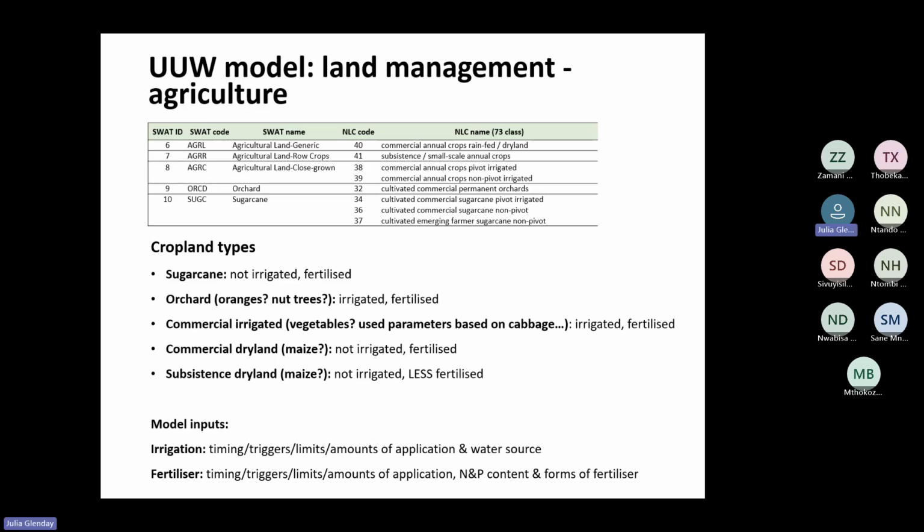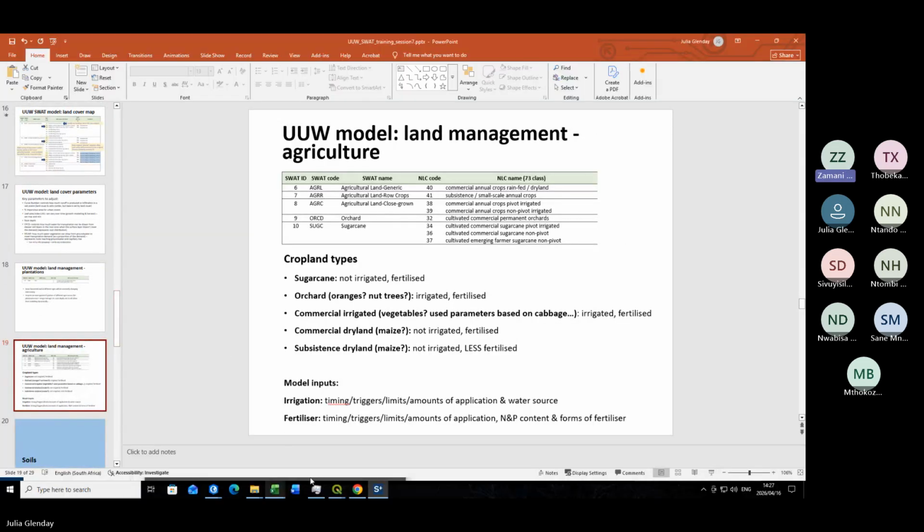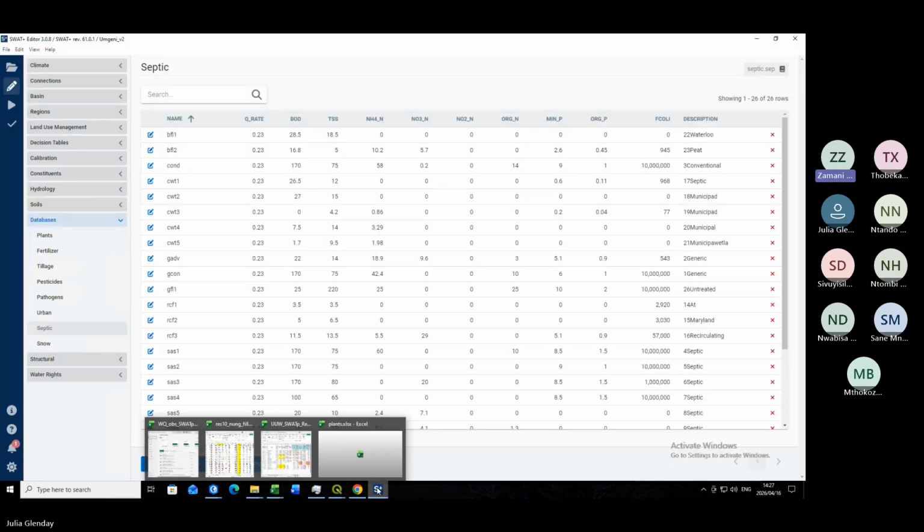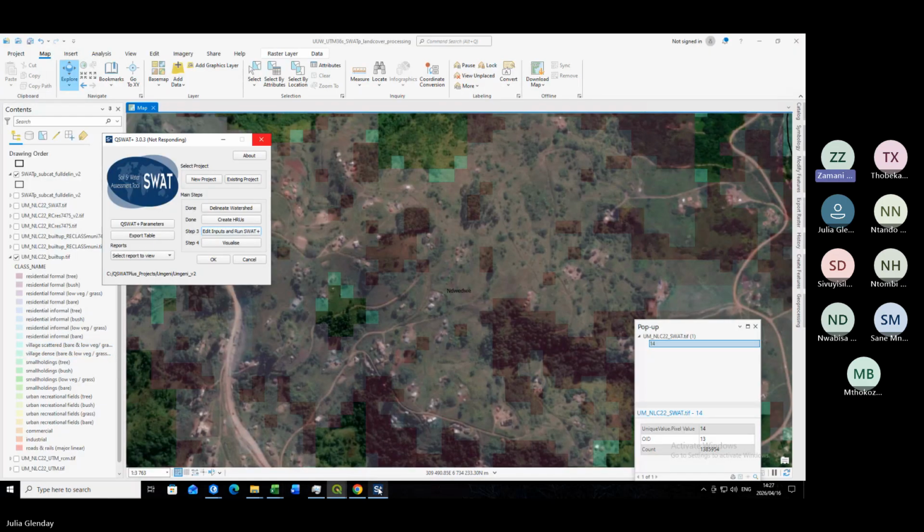Yes, Amani. Oh, hey, Julia, I had a question. Does SWAT tailor to crop modeling, as in crop parameters that are important? What you've shown is an overview of how you will rotate between winter and summer crops, between cabbages and maize.